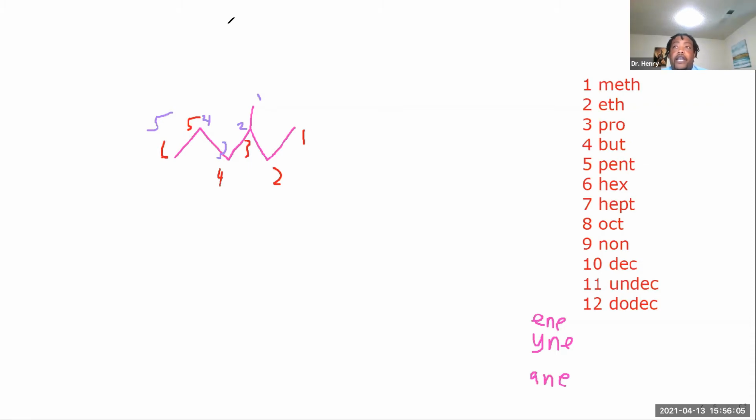What is a 6 carbon chain? Hex. So it's going to have to end with hexane, since there are no double bonds or triple bonds in it. Now, this guy means that there's a 1 carbon group hanging off. If it's only 1 carbon, then what would it be?